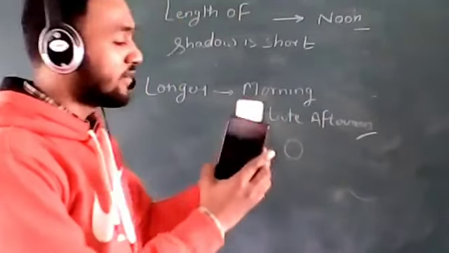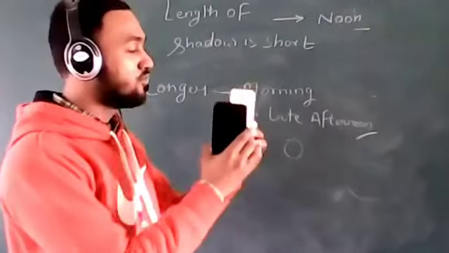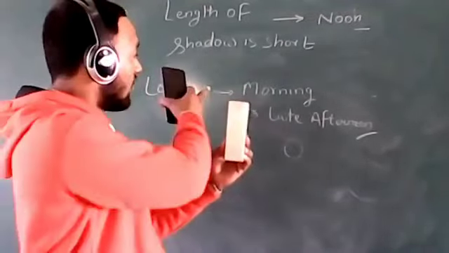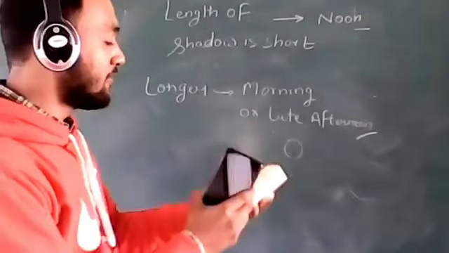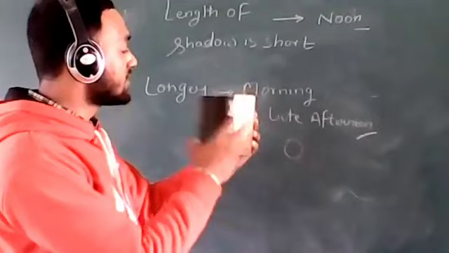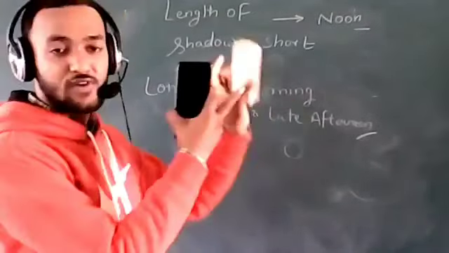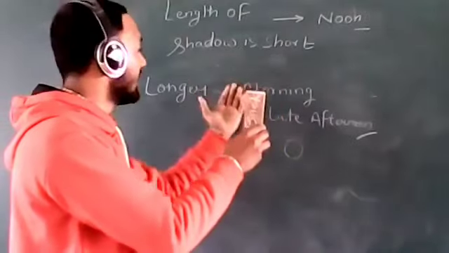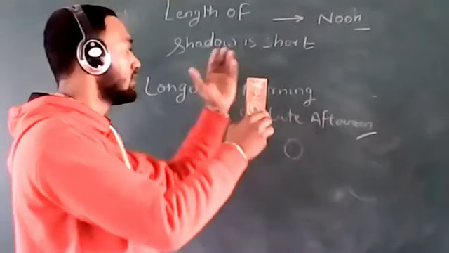So if we are facing towards the light source, the shadow formation is behind us. See, the shadow formation is behind the duster on the board. And if we are facing our back to the light, the shadow formation is in front of us, because this is the front portion. So the shadow is in front of the body.